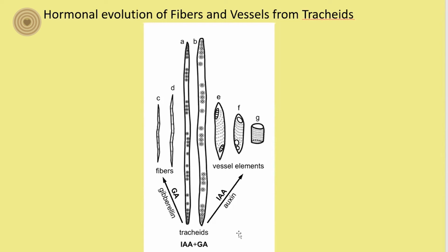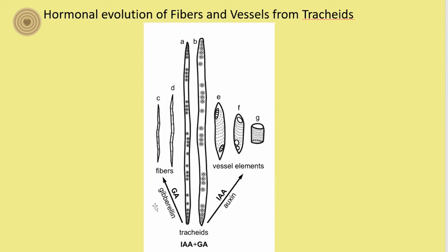And we can apply the hormones by spraying or by watering the plants with gibberellin. Today we can also manipulate the plants in such a way that we will get more tracheids or trees with a higher level of fibers.